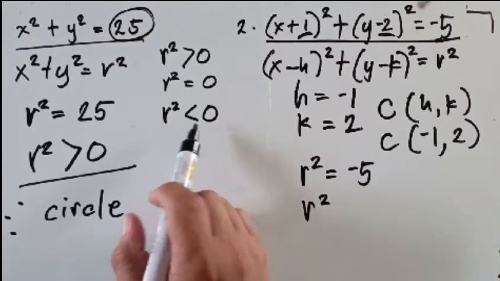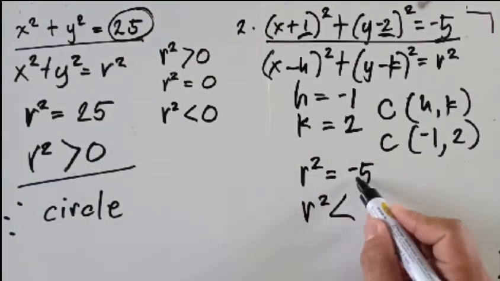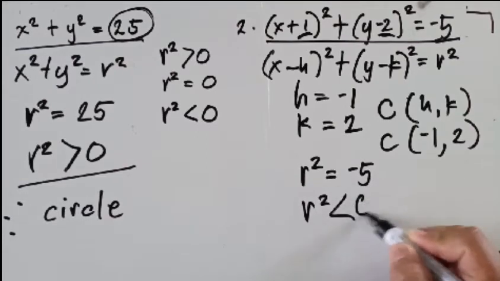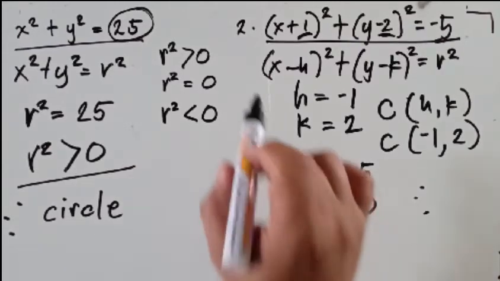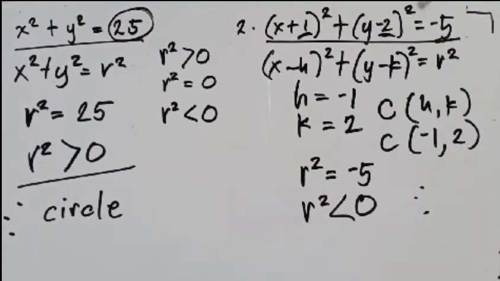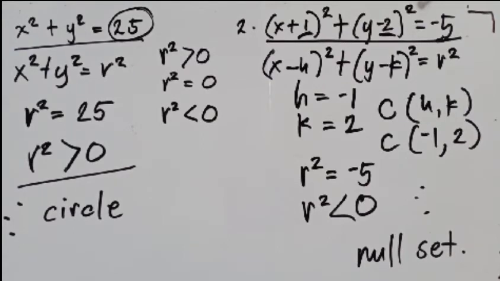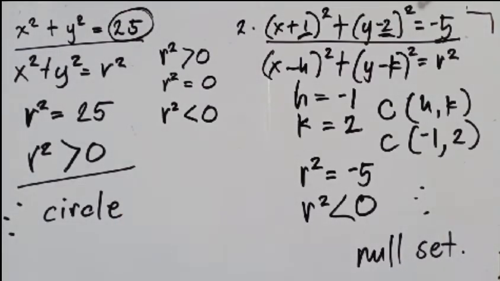Therefore, here r squared is less than 0 because it is negative. So we conclude that the given equation of the circle is a null set. So that's how we determine whether the graph of a given equation of a circle is a circle, a point, or a null set.